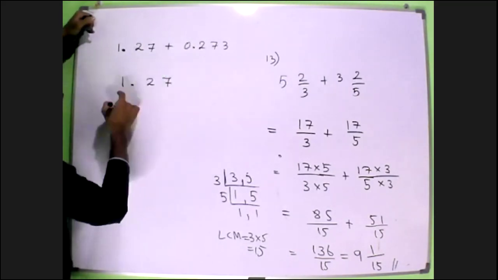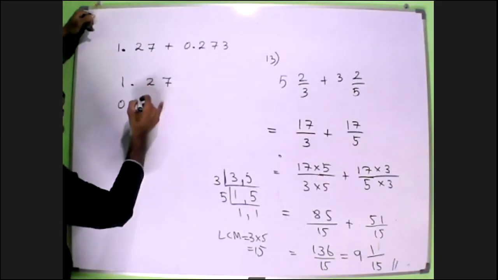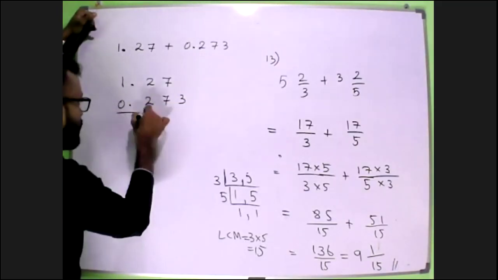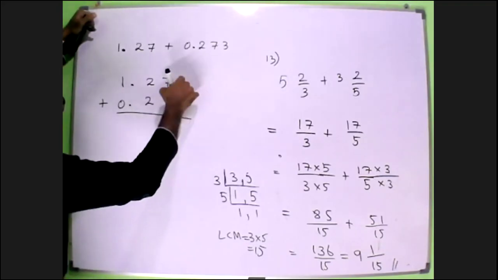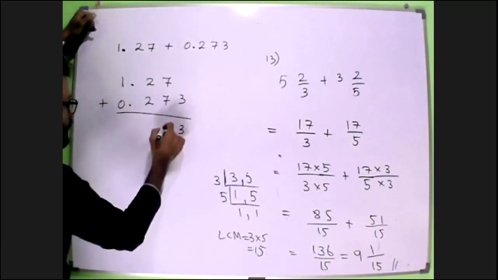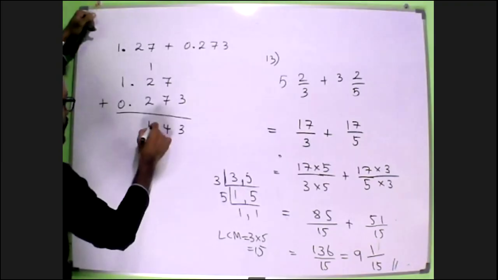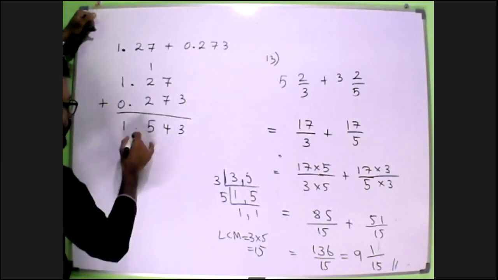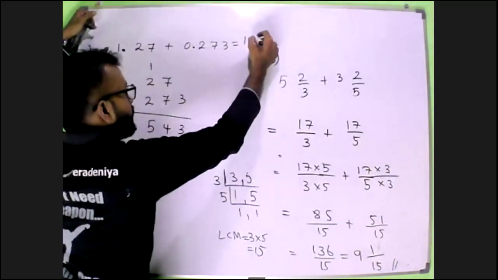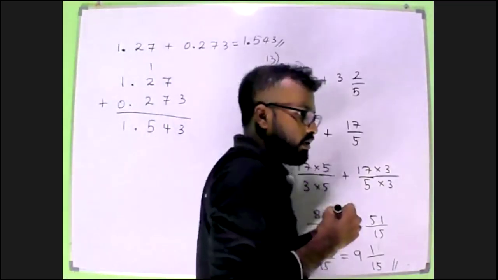And 0.273, you have to write under this one, 2, 7, 3. Then do the addition. 0 plus 3, 3. 7 plus 7, 14. Here is 1. 2 plus 2, 4 plus 1, 5. So altogether 1.543. Final answer is 1.543. Right? For the first one.